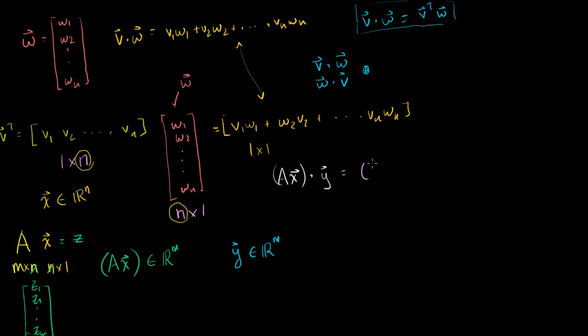So you can view this as Ax transpose, where Ax is m by 1. Now this transpose is a 1 by m matrix, and we can multiply the 1 by m matrix times y. Just like that. Now, what is this thing equal to?